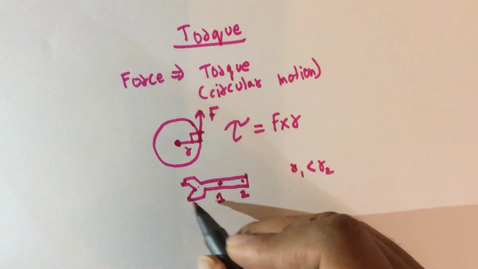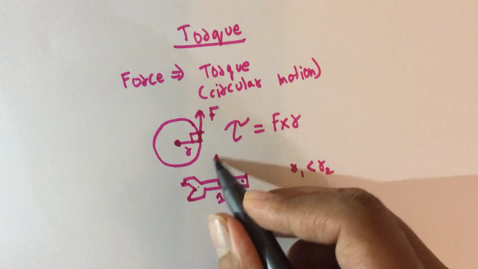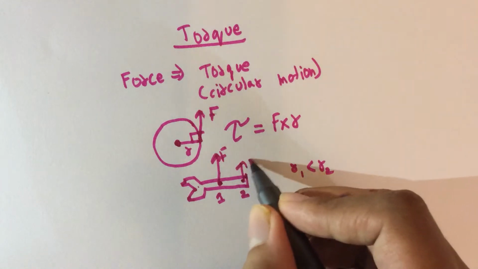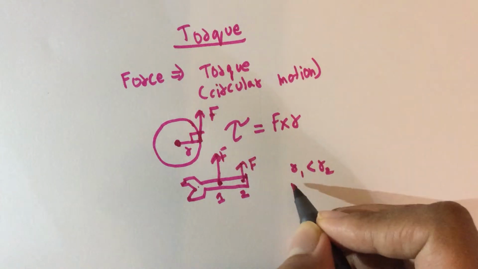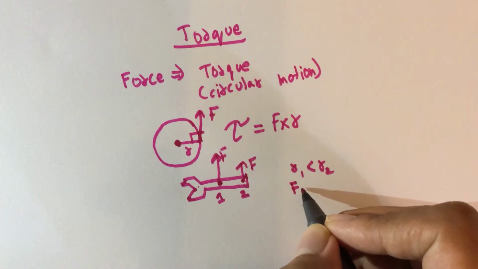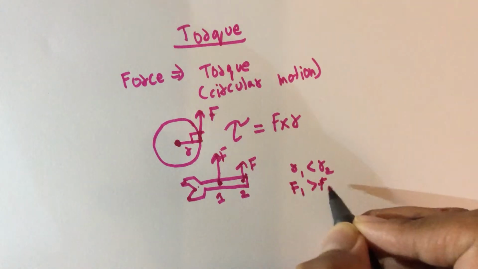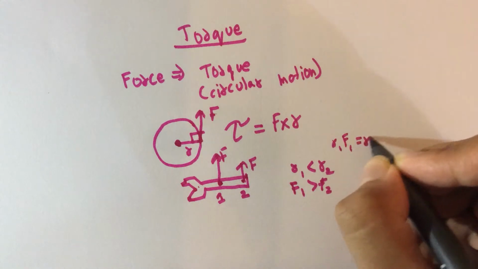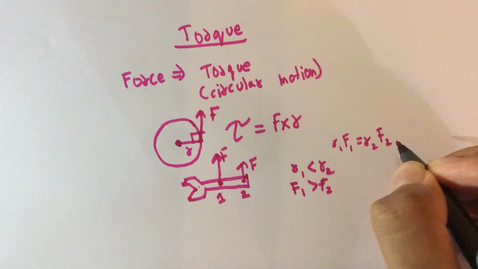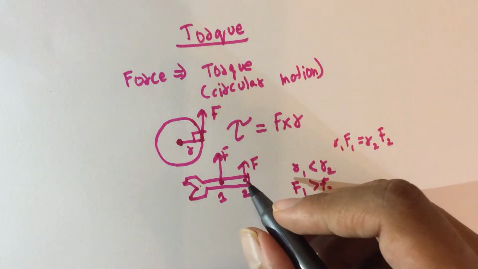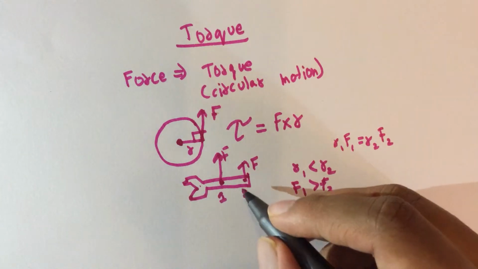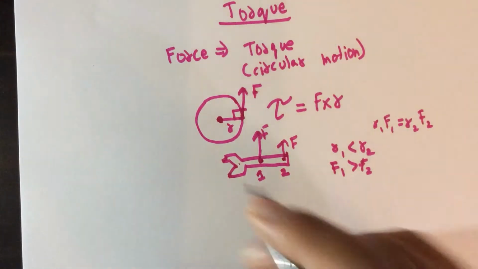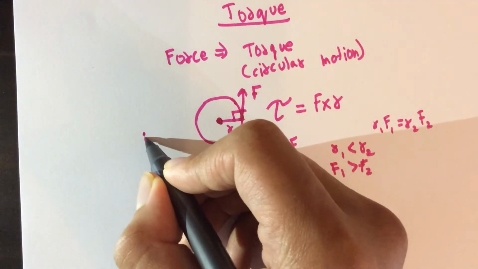So to spin this wrench with the same torque, I'd have to apply a much greater force at the first point. F1 would have to be much greater than F2 if R1 into F1 were equal to R2 into F2. So it's much better to apply a force towards the end of the object, so you get much more torque.